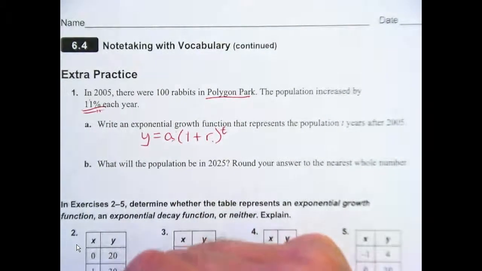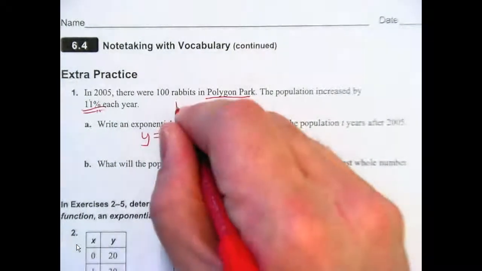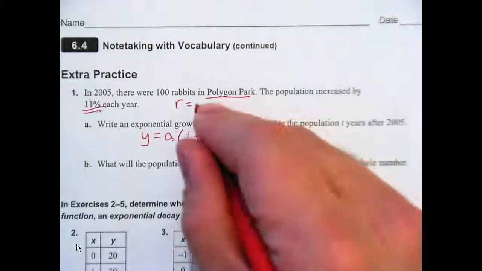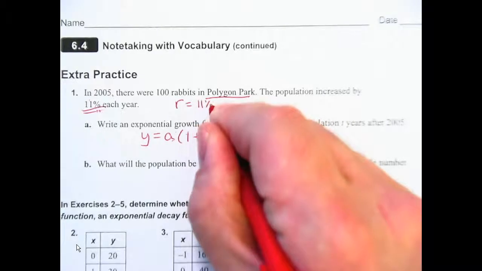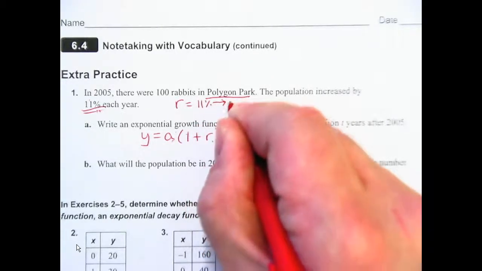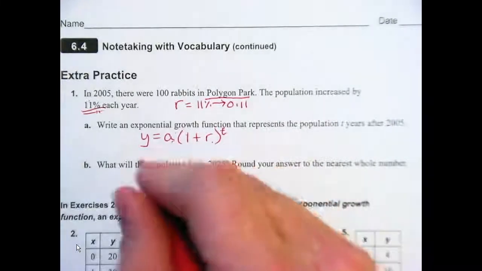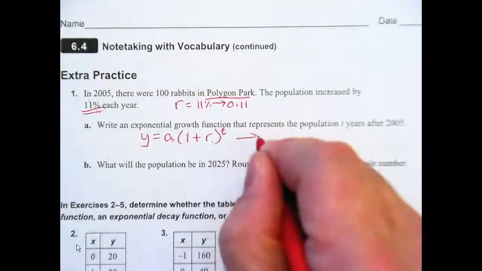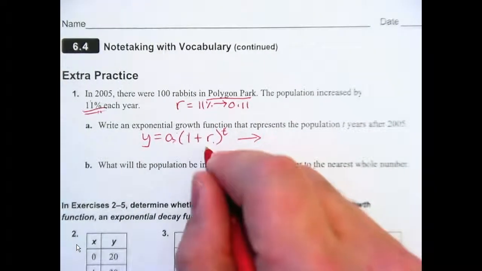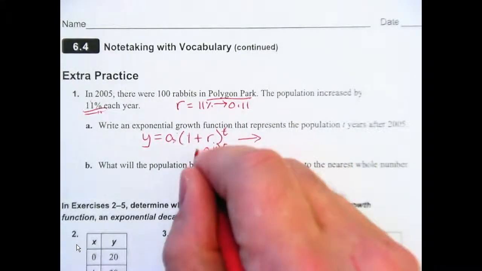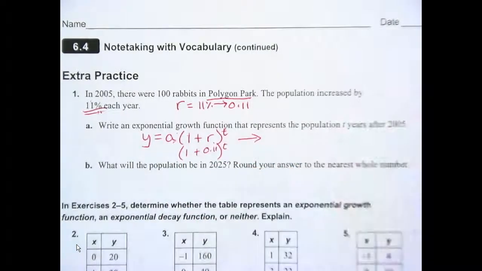That's R. What is R? It's 11%, which is 0.11. Okay, so if I'm plugging this in here, A or R is 0.11. We have plus 1. What's A?